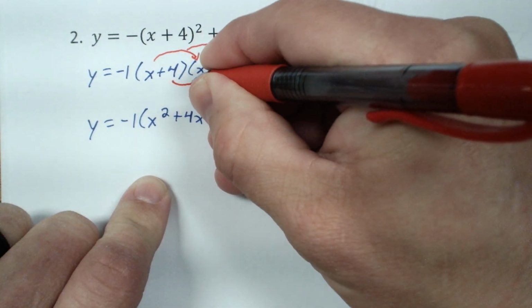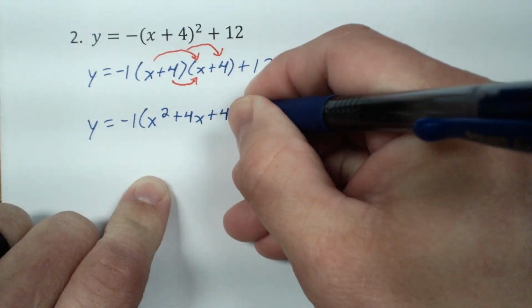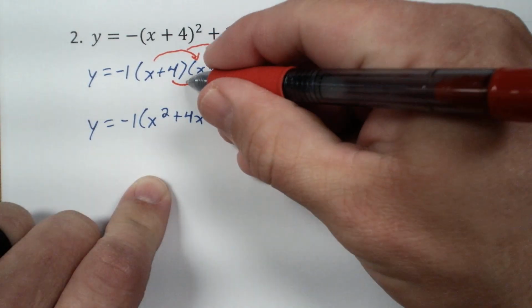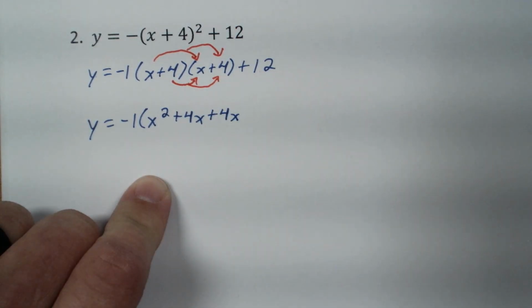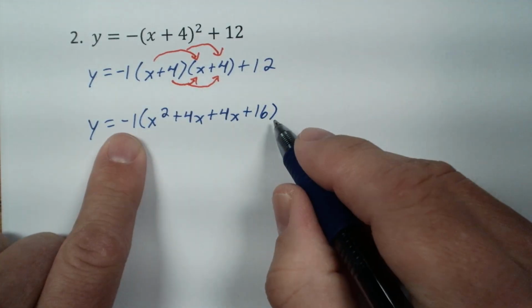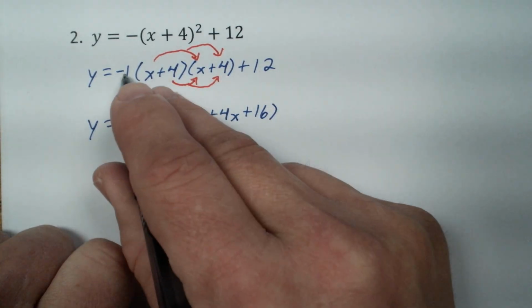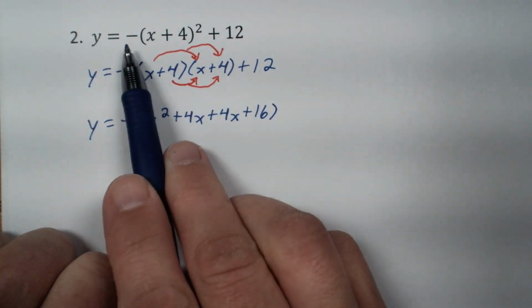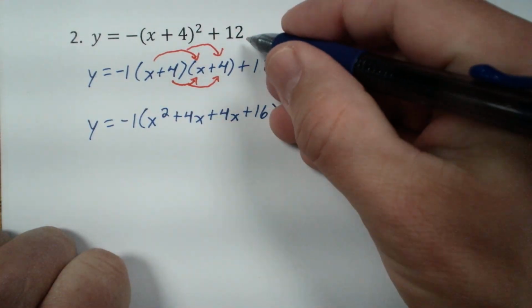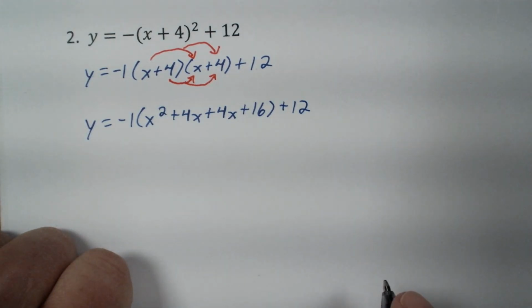Then I'm going to distribute the 4, so 4 times x is 4x, and 4 times 4 is plus 16. We'll close the parentheses because this all needs to get multiplied by that negative 1 coefficient that was from the very beginning of the problem. I still need to remember my plus 12 at the very end.